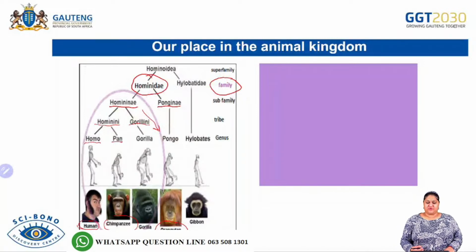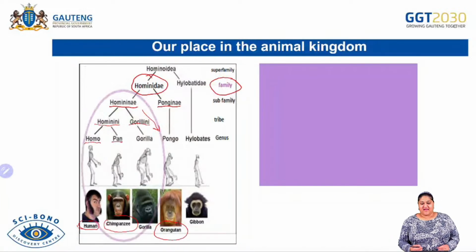So what I want you to see here is that our place in our animal kingdom that we are showing you now is showing you that it's not that we come from the apes. It's not that we come from the orangutan and the gorilla. We are just in the same family as them. And as I usually like to say, they are our cousins.